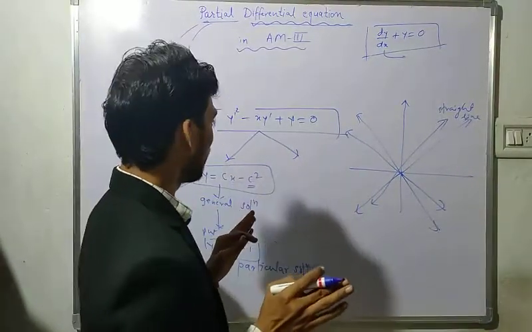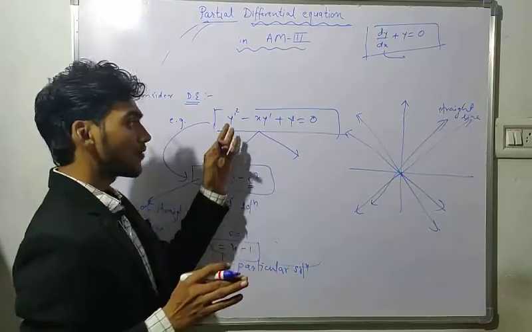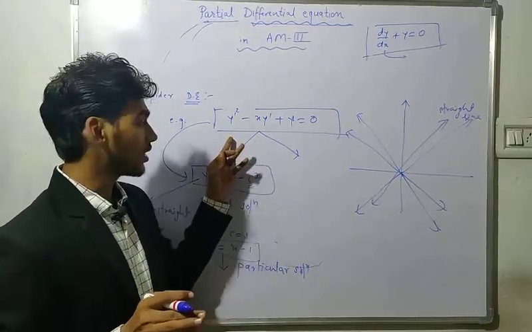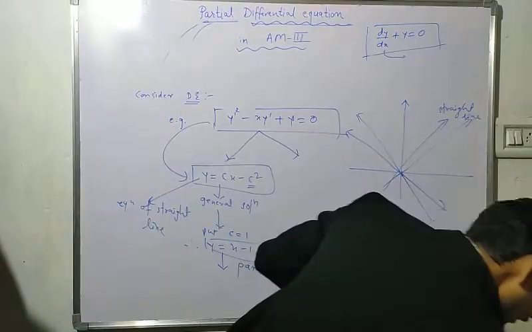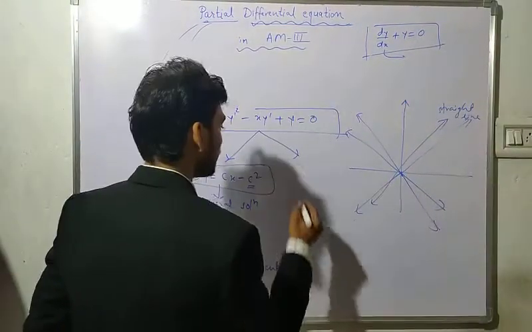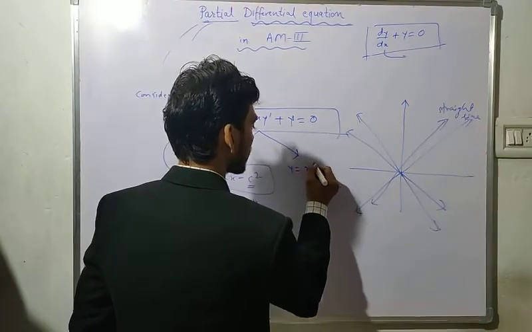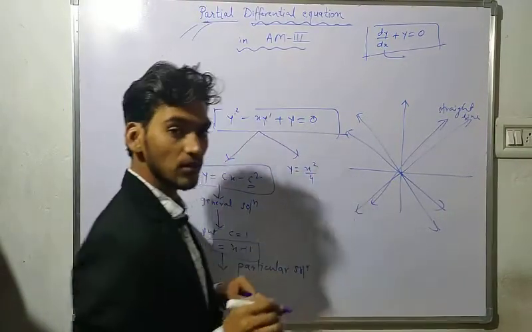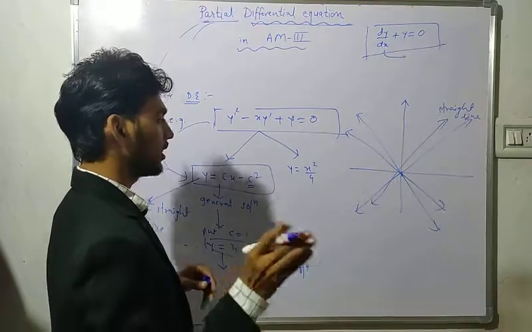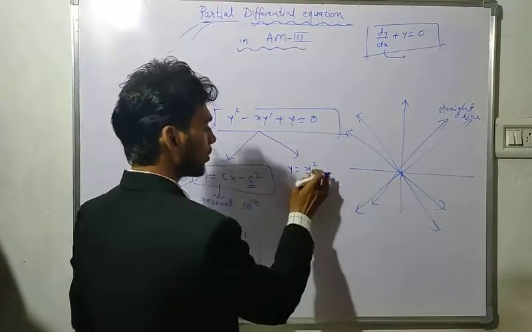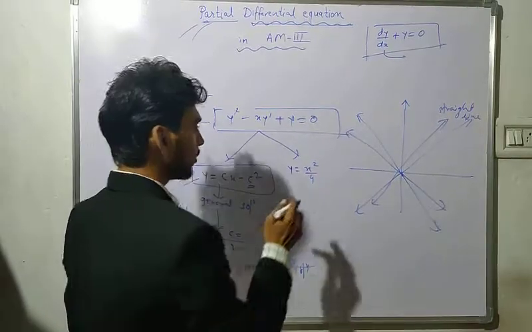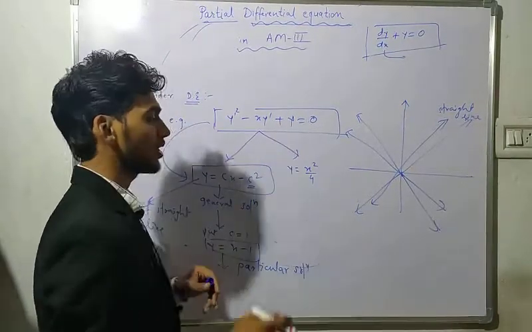But after solving this differential equation, there is one more possibility of solution, which is y equal to x square by 4. You can easily solve this differential equation in order to obtain this. So y equal to x square by 4 is also a solution which satisfies this differential equation.